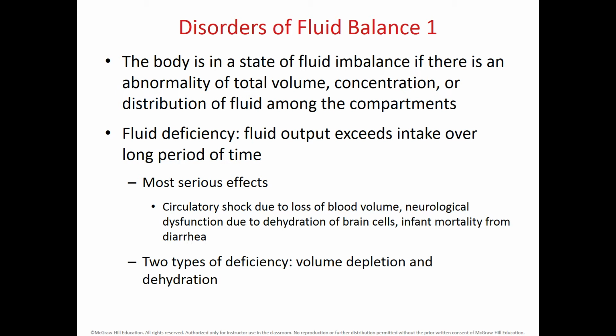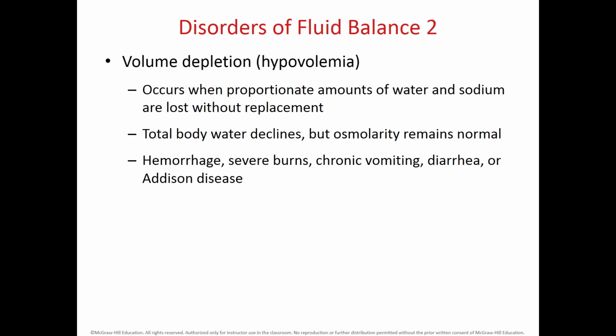Now, two types of deficiency that we can have are volume depletion and dehydration. Volume depletion is also known as hypovolemia, and this can happen when you have basically the same amount of water and sodium lost without replacement.